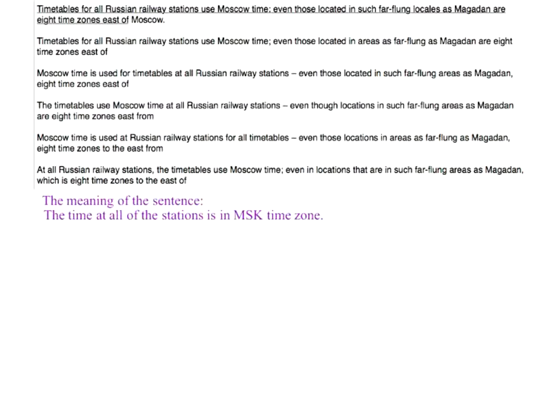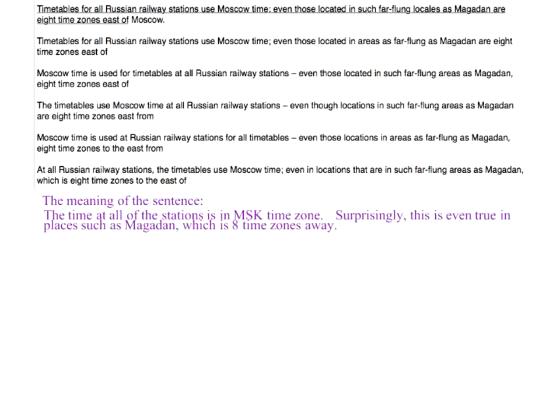That's not that remarkable until you get to the thought that this is even true in places that are 8 time zones away. So, surprisingly, this is even true in places like Magadan, which is 8 time zones away. So that's the meaning here.